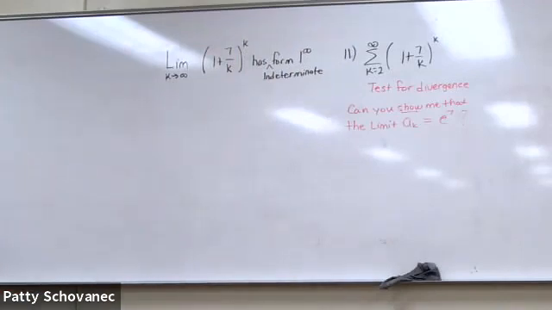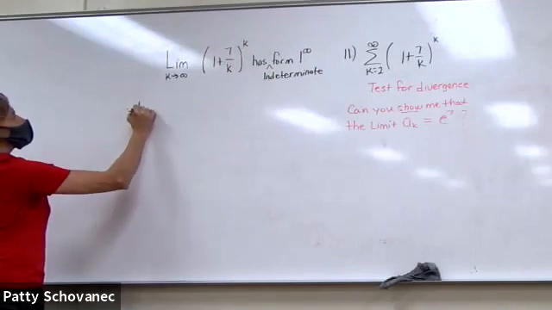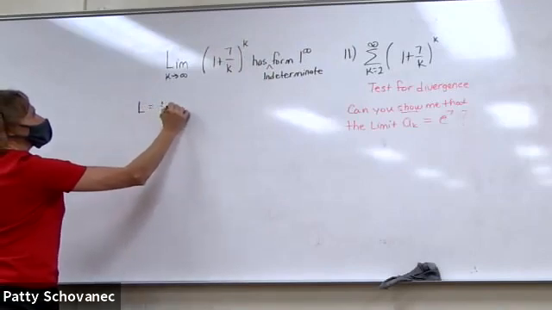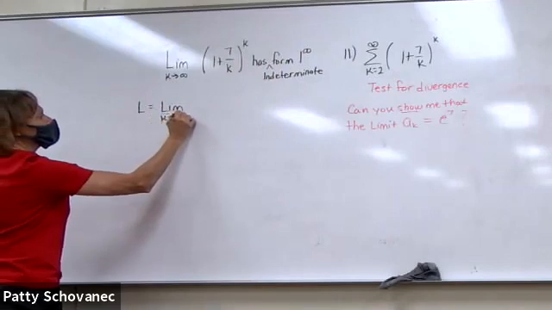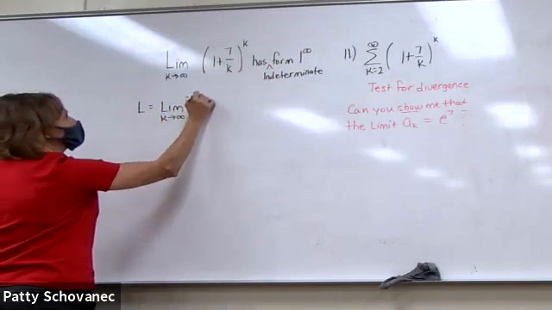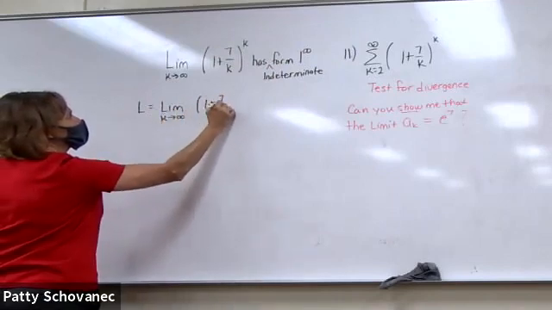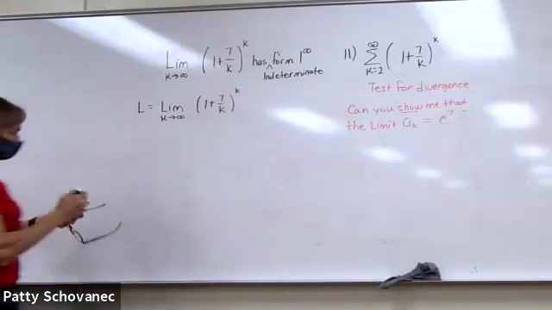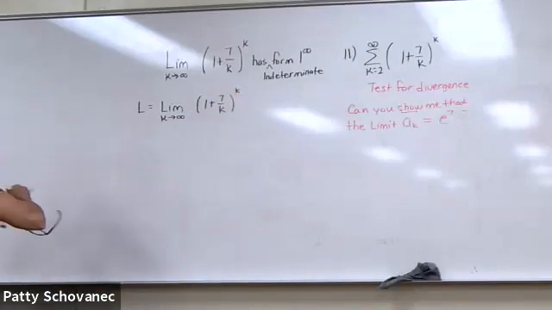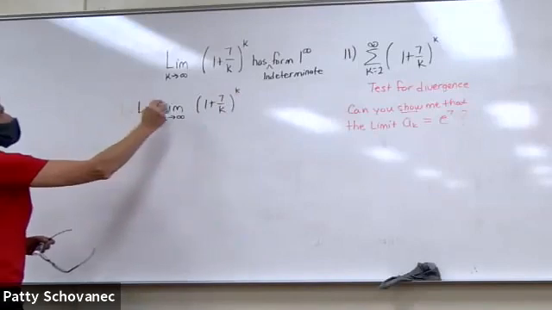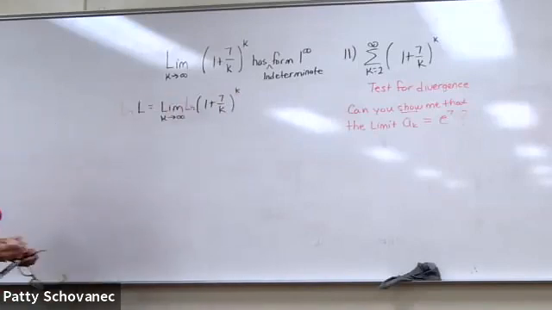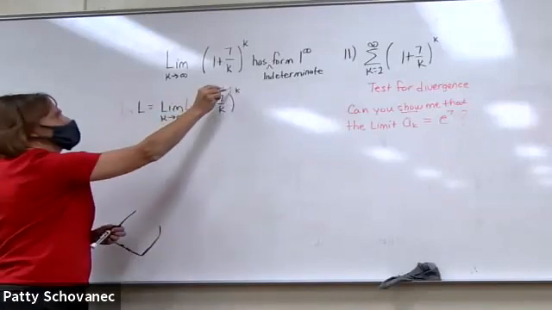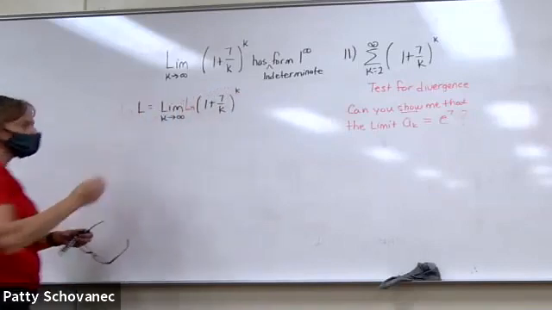It's not 1, it's indeterminate. So that's where we set it equal to L and then take the log of both sides. Put a logarithm right here and here. And pull my k down here.